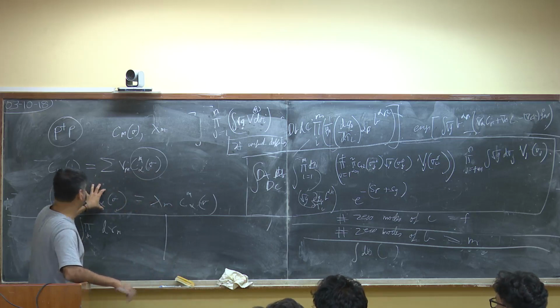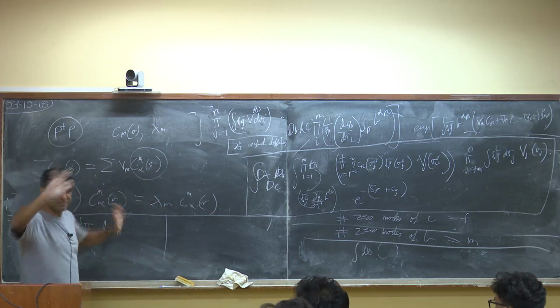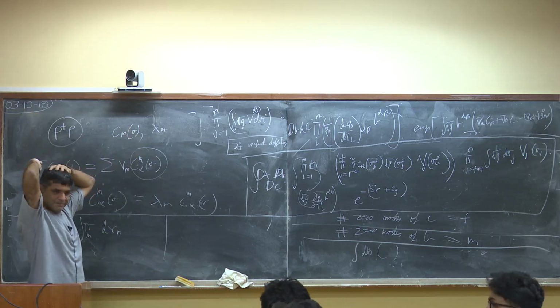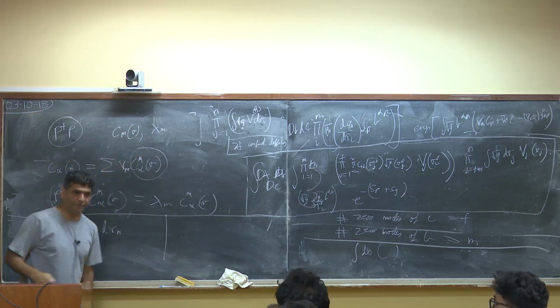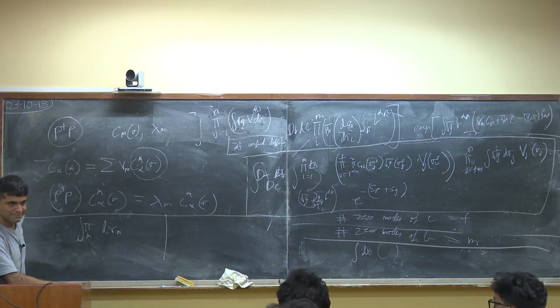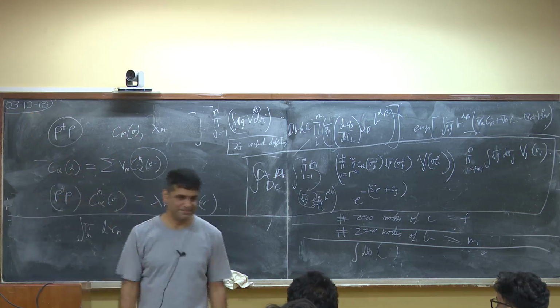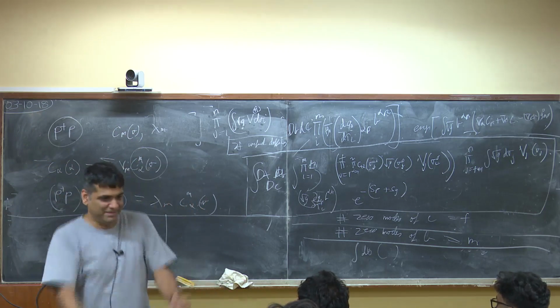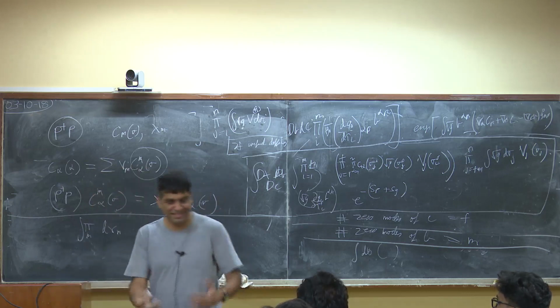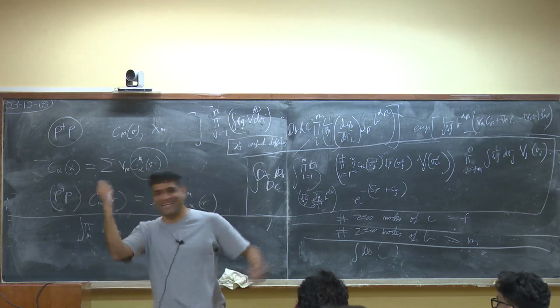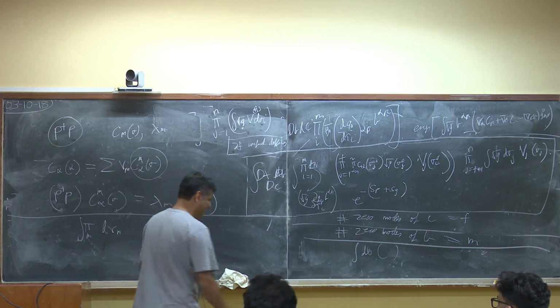No, the C_m's are just vector fields, functions. C_m's are bosonic. Gammas are fermionic. P dagger P is a bosonic operator. You'll get a function, right? You get sin x.